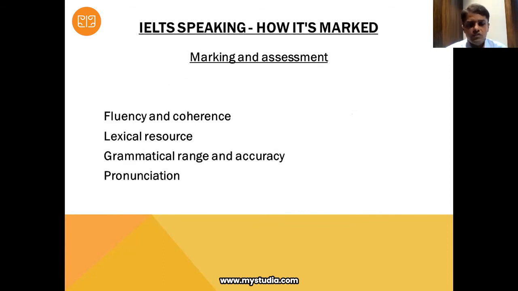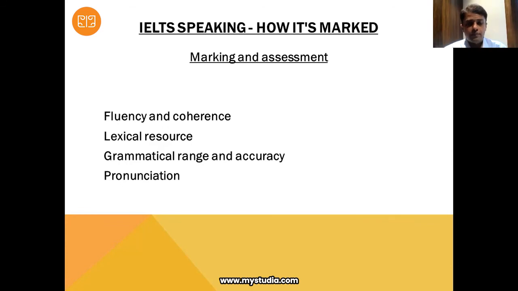Now, based on what do you get bands in speaking? Speaking is judged based on these 4 criteria. First is fluency and coherence. Second is lexical resource. Third is grammatical range and accuracy. And fourth is pronunciation. Based on these 4 parameters, examiners give you bands.